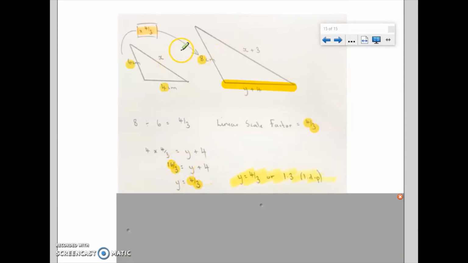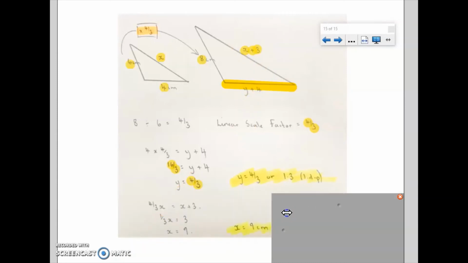Now, if we look at my x values, I'm definitely going to need to think of an equation to approach this question. I take my value of x, multiply it by 4/3, and my result is x plus 3. So what I'm left with in terms of an equation is 4/3 times x equals x plus 3.